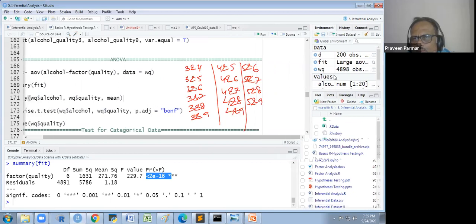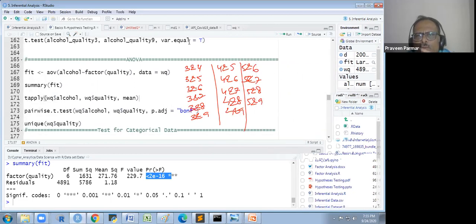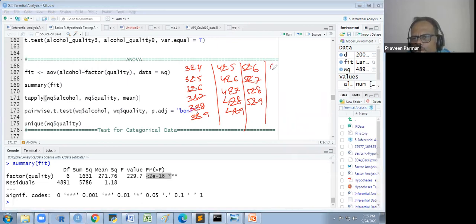Then 6 and 7, 6 and 8, 6 and 9, then 7 and 8, 7 and 9, and 8 and 9.